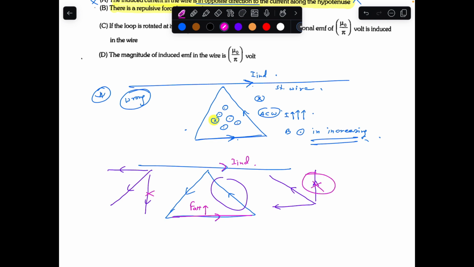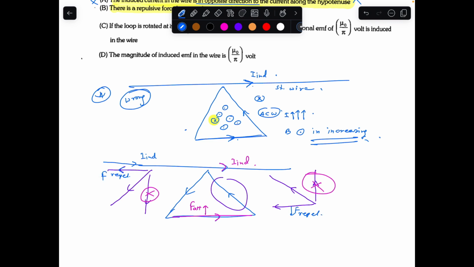I don't have to consider these two vertical components, not needed, only the horizontal component you see. Here the induced current is in this direction, right side, and the current in this is the opposite direction. So they'll repel. Here also, because of this, they'll repel.